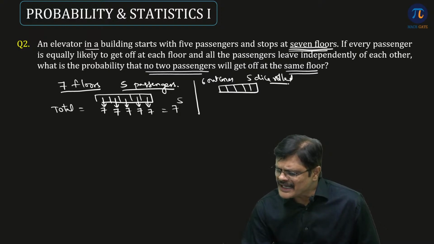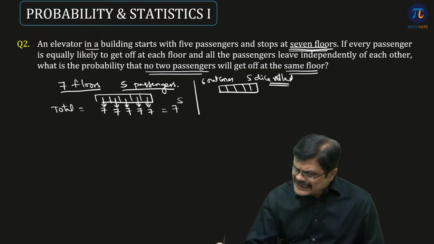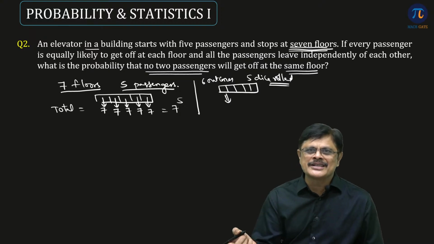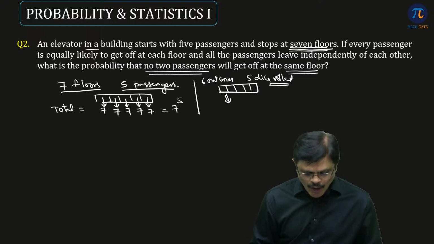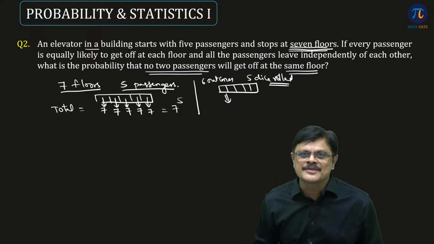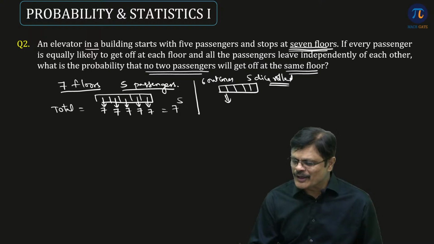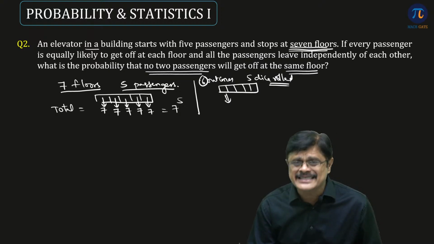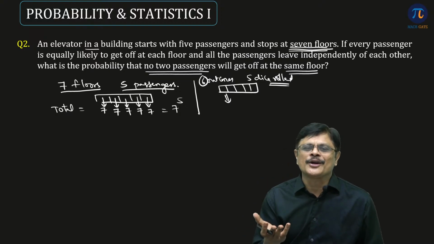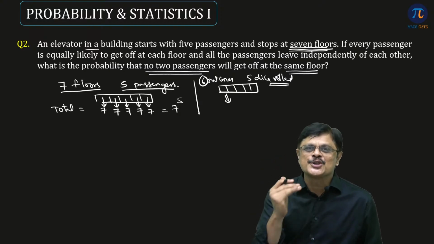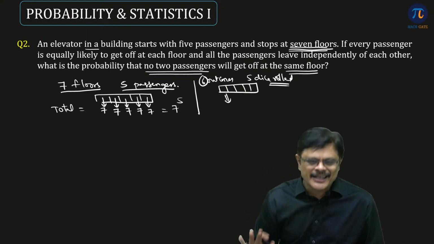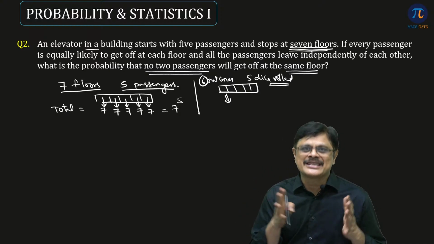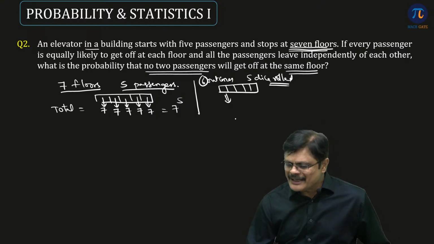If you understand this analogy, you can directly write the answer, because it is like the probability of getting off at different floors, or the probability of getting different outcomes when 5 dice are rolled. It is equal to that. But here, instead of 6, 7 is there. Assume that on a die there are 7 outcomes. Then that problem and this problem are one and the same. This is called analogy. If you understand, you can directly write the answer for this problem without any trouble, sir.